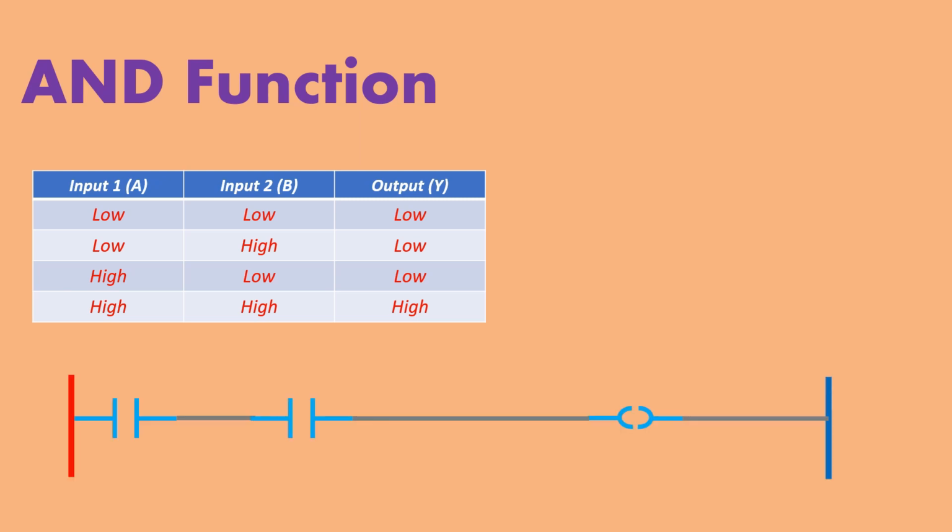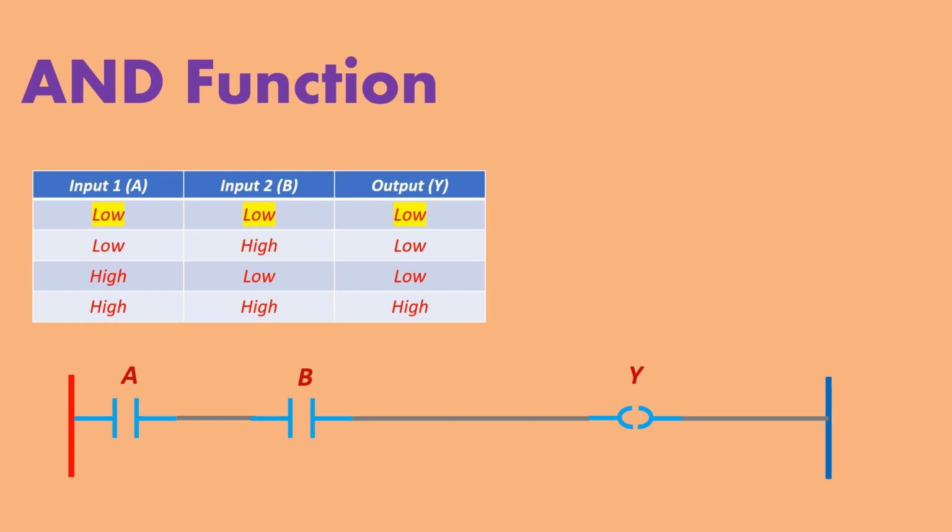Only when both inputs are high, the output of the AND function will be high. We will connect two normally open contacts in series with a normally inactive output coil. We will name both contacts, which are the inputs, as A and B. The output, which is the coil, can be named as Y.